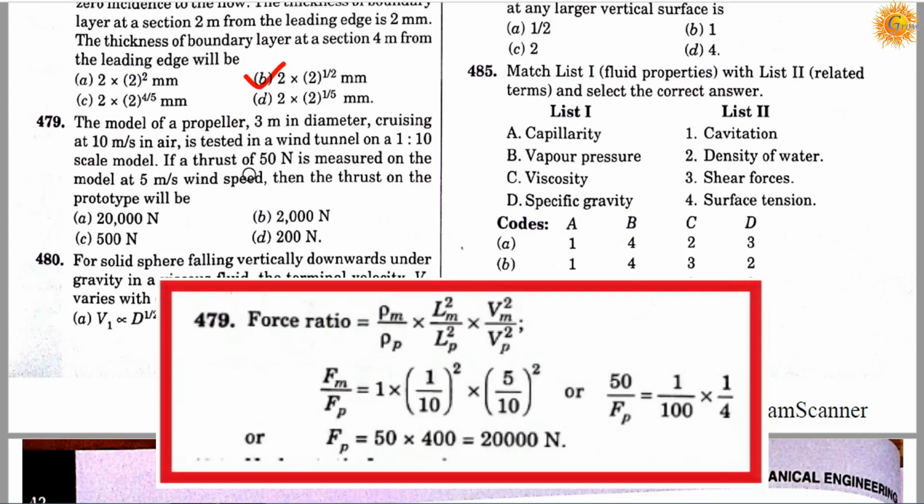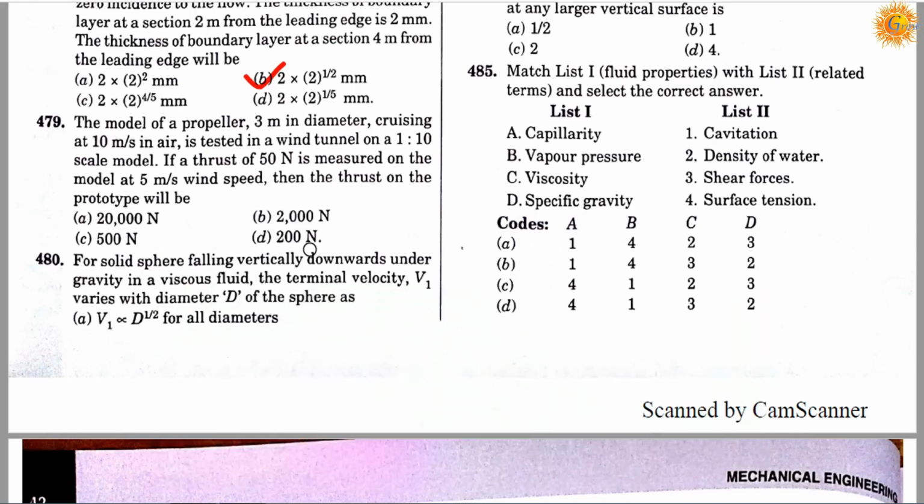If a thrust of 50 Newton is measured on the model at 5 meter per second wind speed, then the thrust on the prototype will be: option A 20,000 Newton, option B 2000 Newton, option C 500 Newton, and option D 200 Newton. So the correct answer is A, it will be 20,000 Newton.